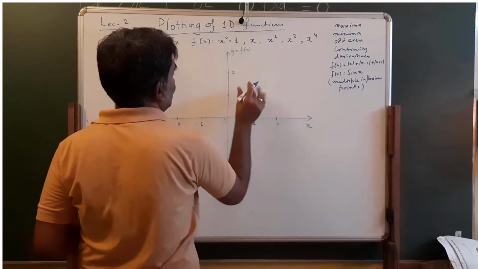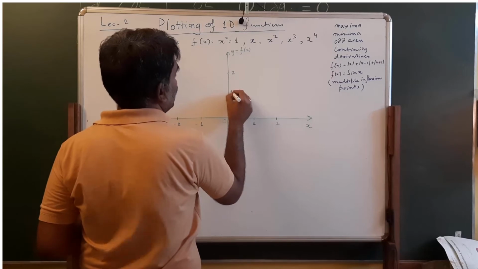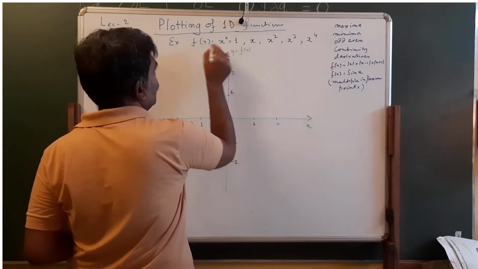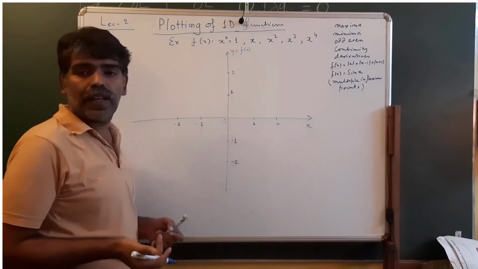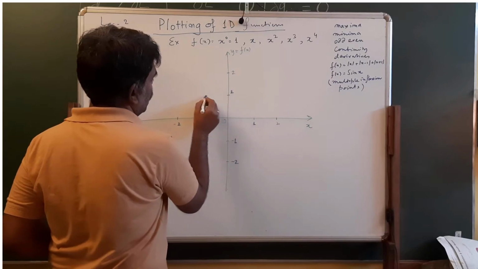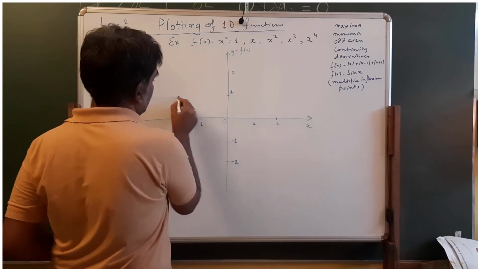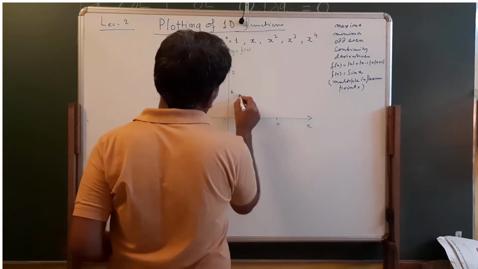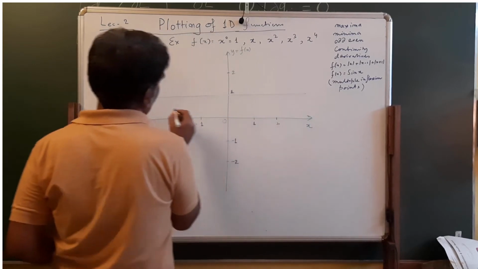This is f(x) equals 1, meaning f(x) equals 1 for all values of x, right? So it is a constant function. So this is the function.